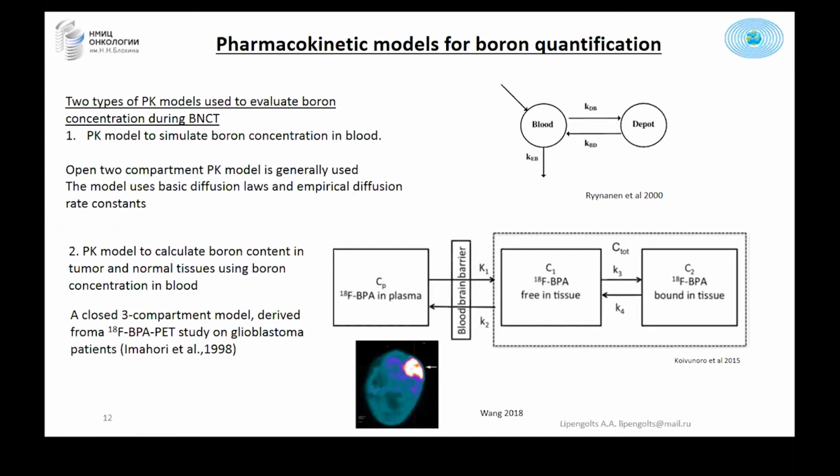To calculate boron content in tumor based on the blood plasma content of boron, a closed three-compartment model was developed by Japanese scientists, and they used quantification of boron using PET with a labeled boron compound, and I will talk a bit about this later on.